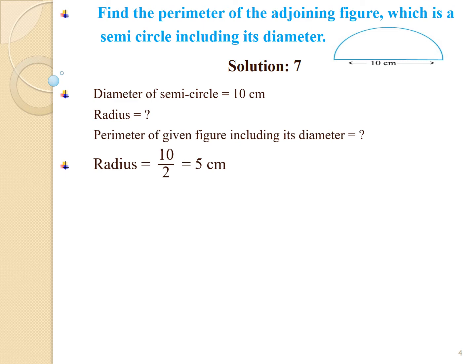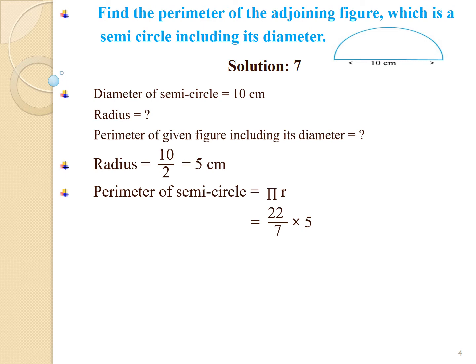Now, let us find the perimeter of semicircle. We know that perimeter of semicircle is equal to pi r, which is equal to 22 upon 7 into 5.